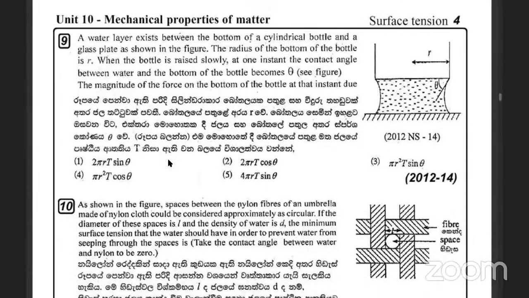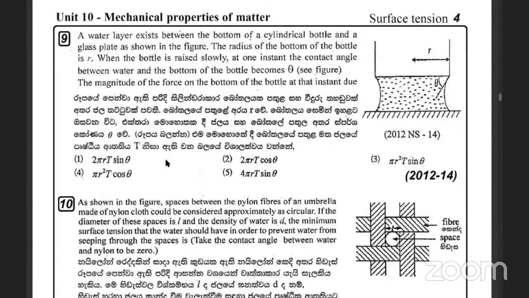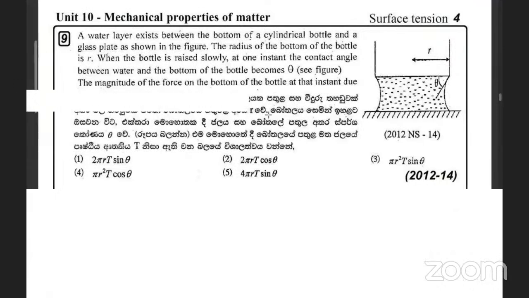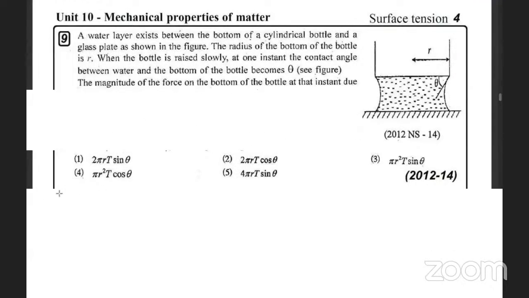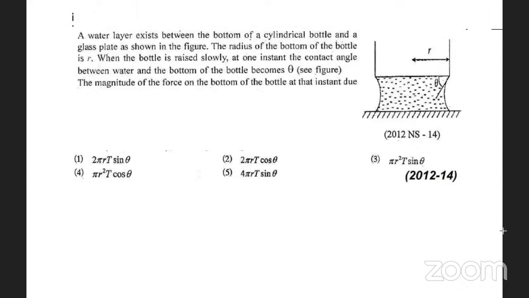Then this question. Oh yes, this is another good one, from 2012. Again, that equation: force equals surface tension into the length along which the force acts. A water layer exists between the bottom of a cylindrical bottle and a glass plate as shown in the figure. The radius of the bottom of the bottle is r. When the bottle is raised slowly, at one instant the contact angle between water and the bottom of the bottle becomes theta.